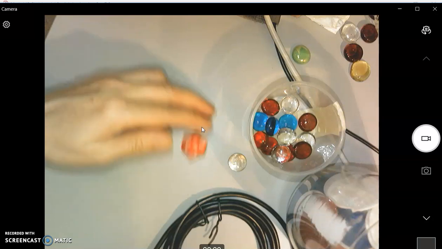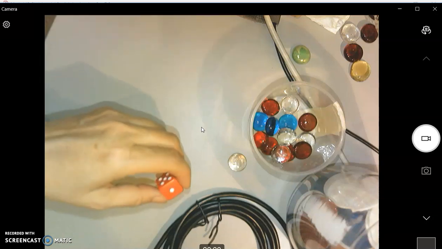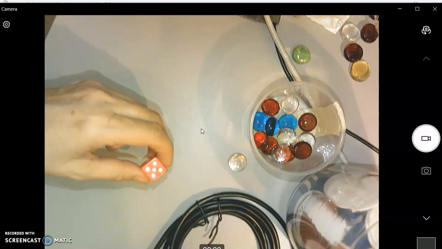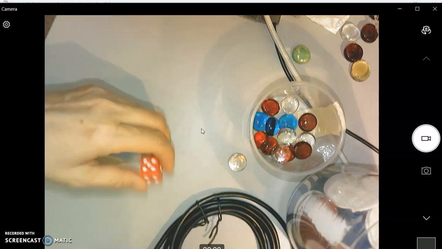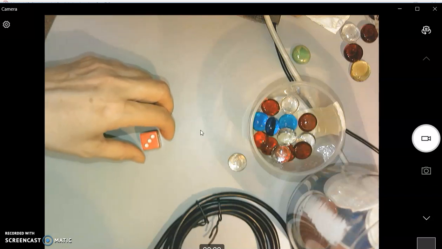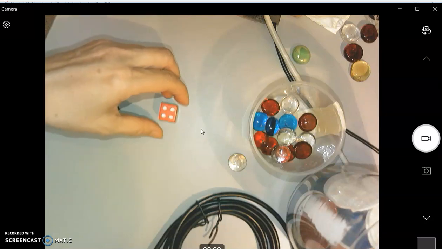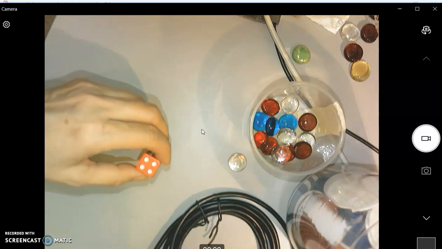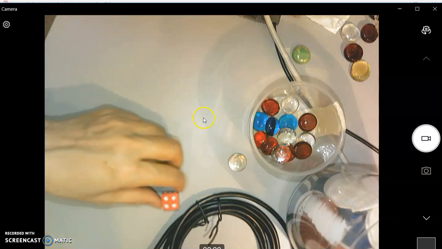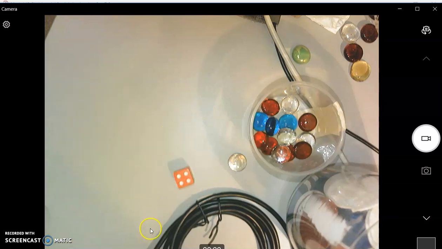Another 4, that's two. Only two 4s so far. Keep tossing. The last one, 3. Oh, a 4. That many. Okay, so I have four 4s.